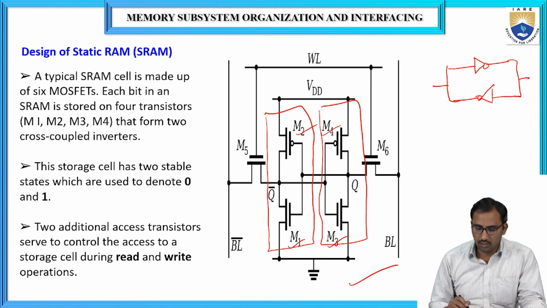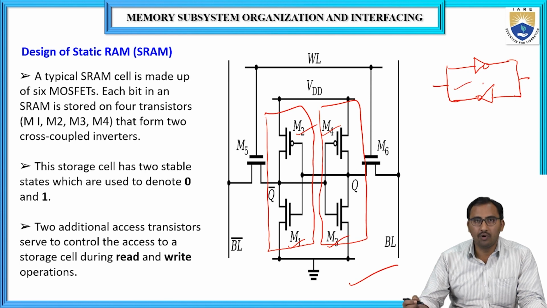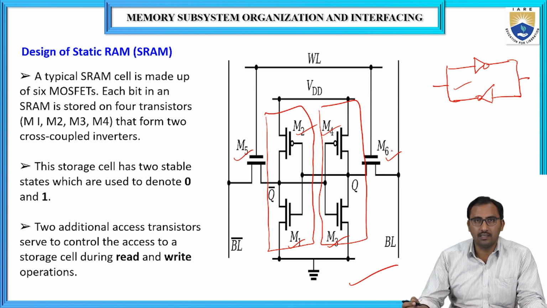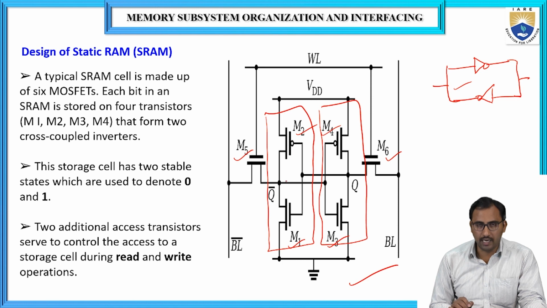In order to construct this, we require 4 transistors, and the remaining transistors are M5 and M6. These transistors are called pass transistors, because in order to read or write data into the memory cell, we have to operate the M5 and M6 transistors.